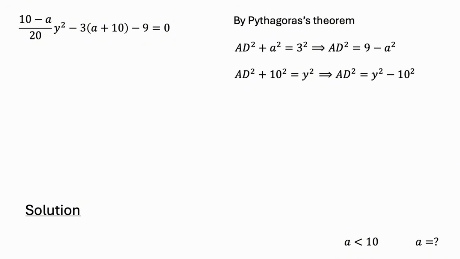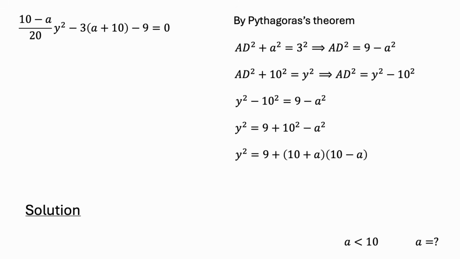Equating the two expressions for AD squared, we have y squared minus 10 squared equals 9 minus a squared. After moving 10 squared to the right hand side, we obtain y squared equals 9 plus (10 plus a) times (10 minus a).